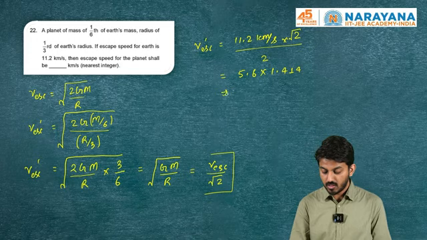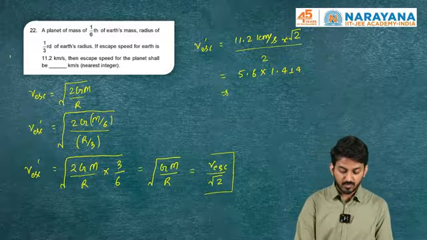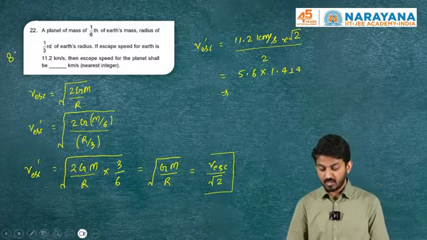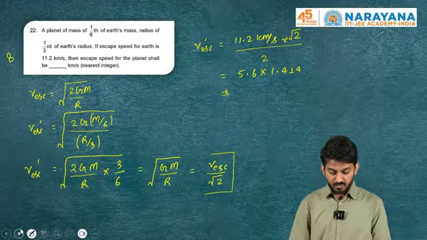Now the answer here is, if you see, coming out to be very close to 8. So nearest integer here we can put as 8. Multiplication we can handle.